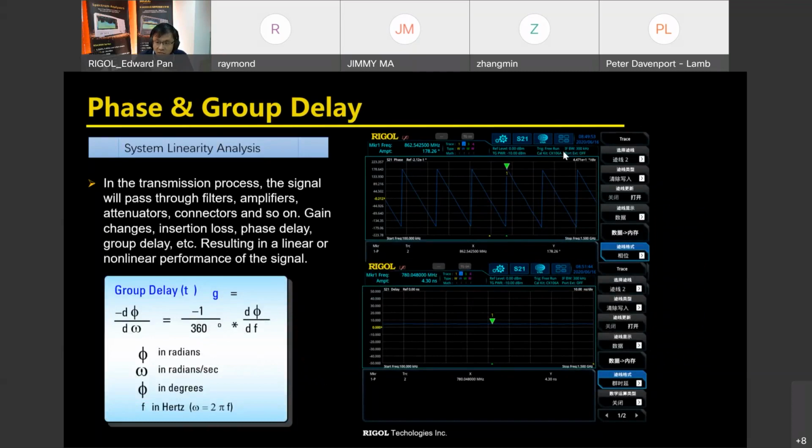You can see on the right-hand side, this is the phase shift information at the upper side of the screen, and the lower side is the group delay information. So the vector network analyzer is used to see the transmission performance.